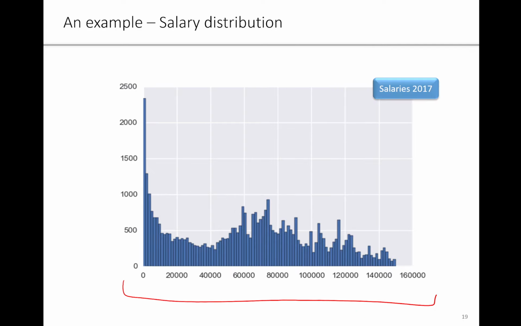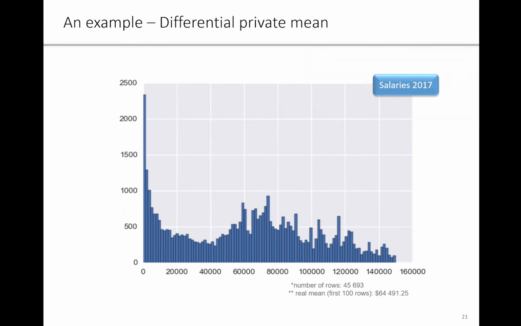So let's have a look here. These are the same numbers. If we compute the actual real average, then we are at around 67,000 or so. And if we compute over the differentially private data, where every value gets this kind of noise, then the average is very close as well.